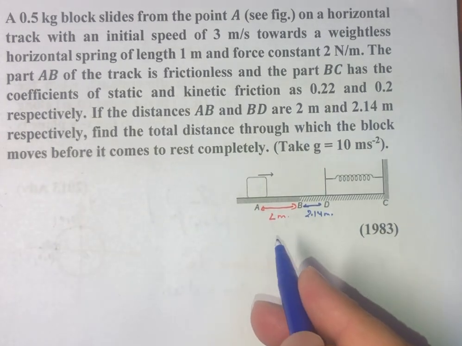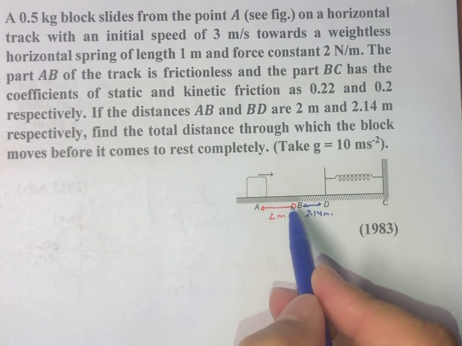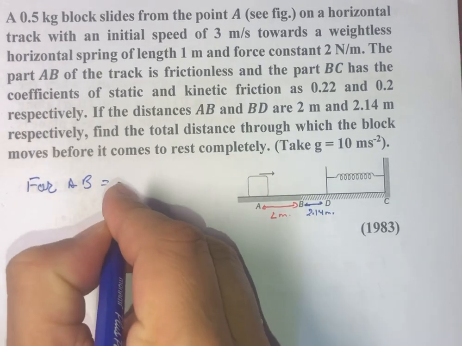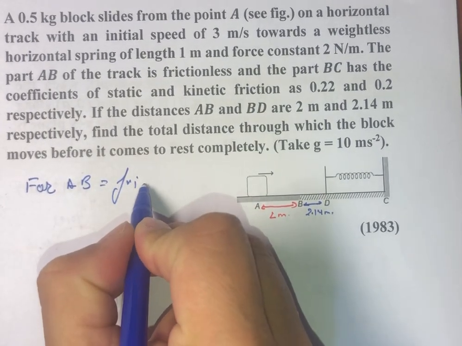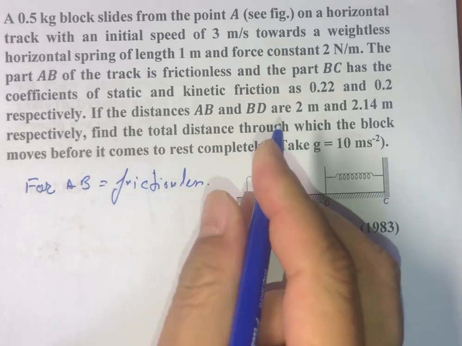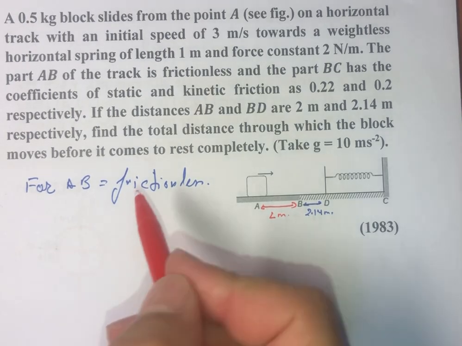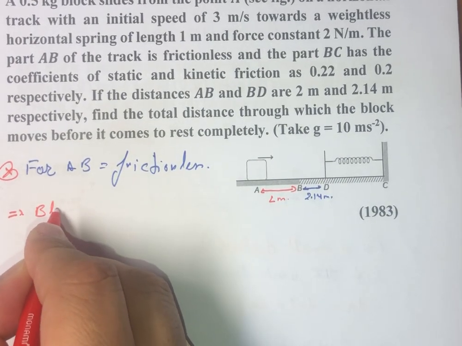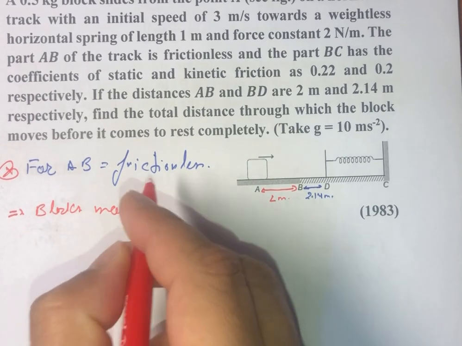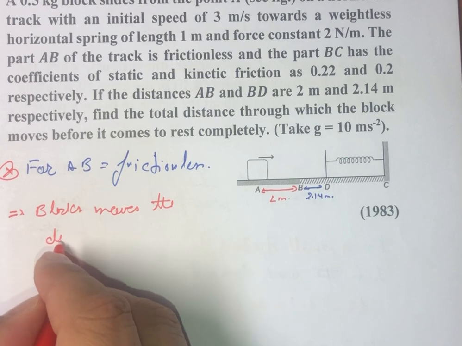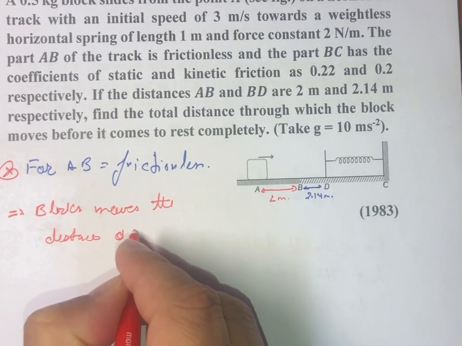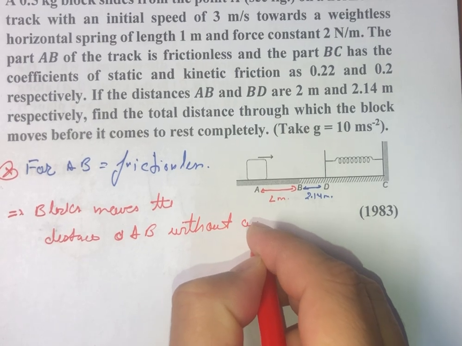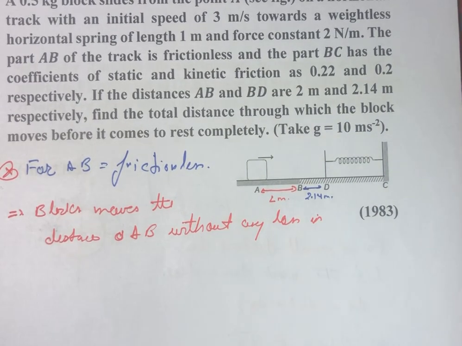Therefore, we can find its kinetic energy between A and B. For AB, which is frictionless, the block moves the distance AB without any loss in energy.